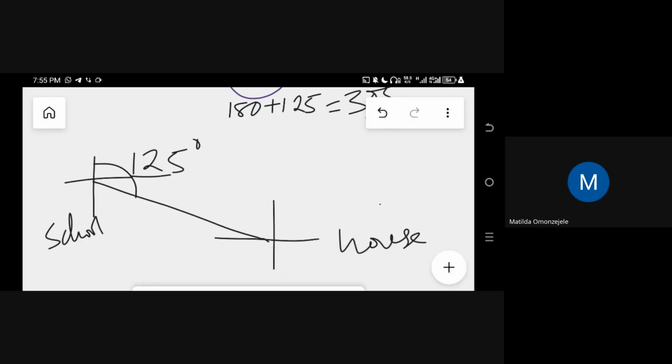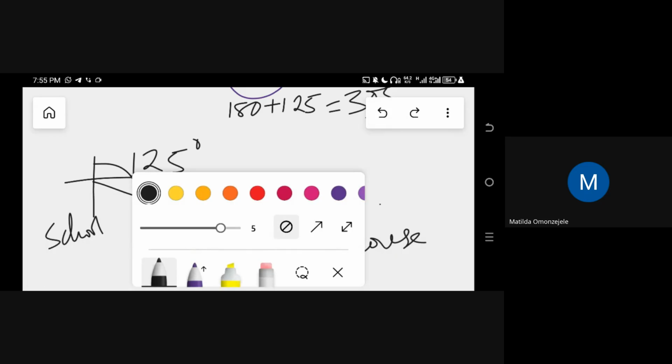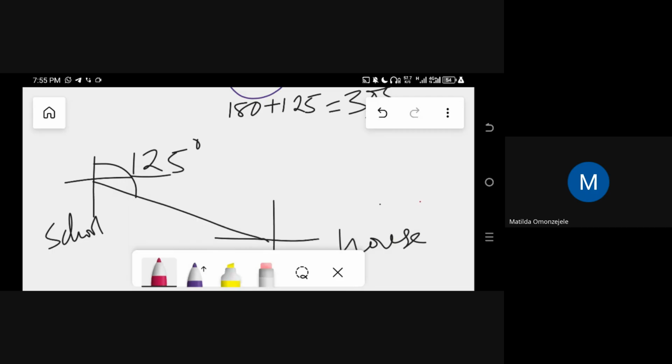Now, if from the north to that line is 125 degrees, what is only this small angle that I marked with red? From the north down to that line is 125 degrees.